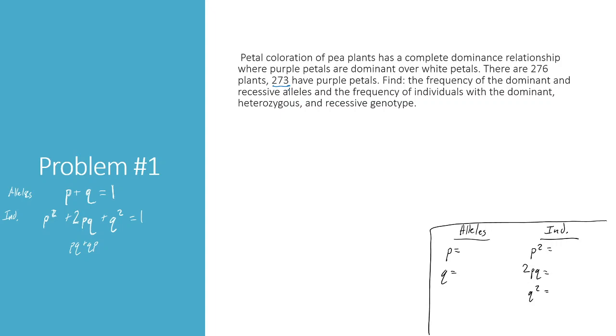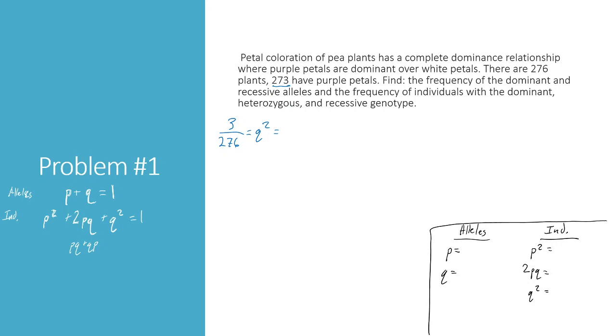So that tells us that 276 total minus 273, 3 out of the total have white petals. So 3 of these individuals are going to be homozygous recessive.